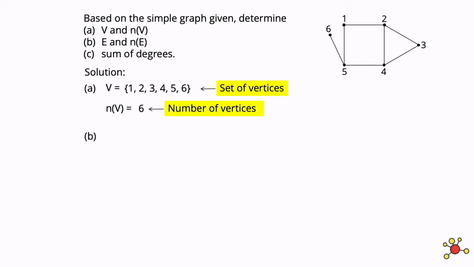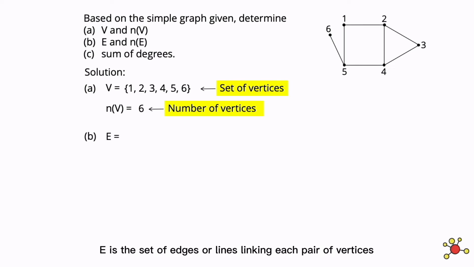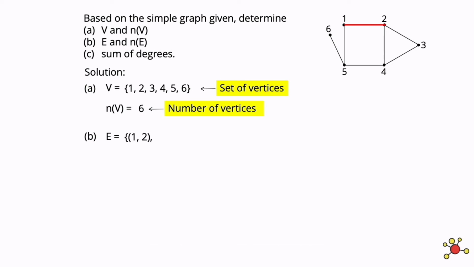For B, E is the set of edges, or lines, linking each pair of vertices. From the graph, the edge joining vertex 1 to vertex 2 forms the pair of vertices (1, 2) in bracket. The edge joining vertex 1 to vertex 5, (1, 5). Vertex 2 to vertex 3, (2, 3).